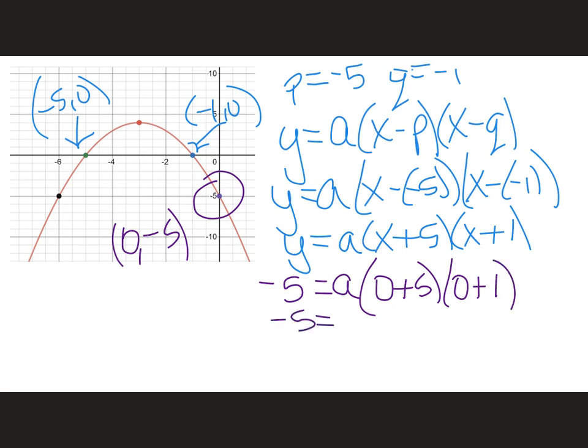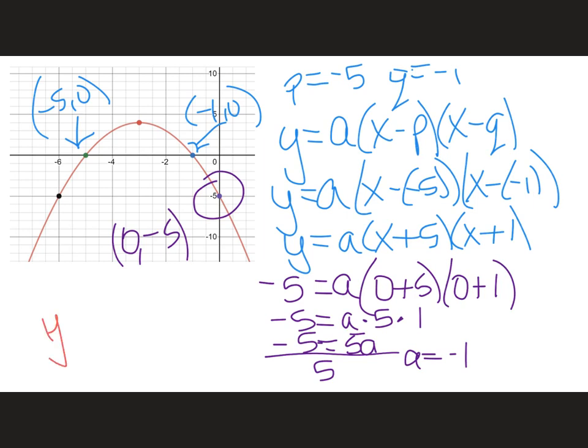So negative 5 equals a times 5 times 1, or negative 5 equals 5a. And then, to solve for a, I would divide by 5. So a equals negative 1, which matches the fact that I know it has to be negative since it's opening downwards. Now I can write my intercept form of this quadratic function.